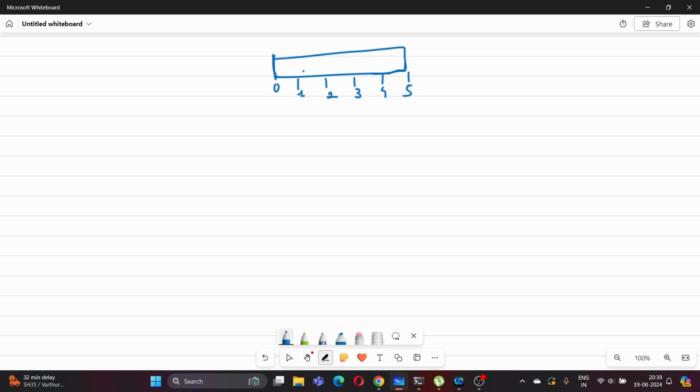I can cut it at 1, I can cut it at 2, I can cut it at 3, at 4, at 5. And the choice that I make will determine whether I have made the right cuts or not. This sounds good, right? Cuts.